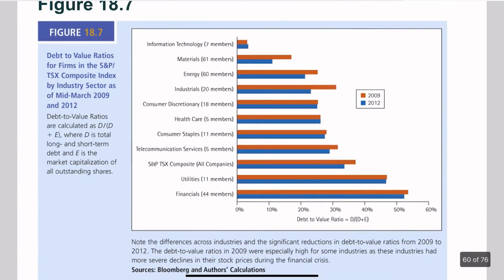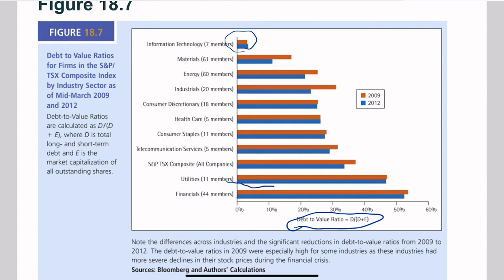Now let's look at the differences across different industries. So basically the horizontal axis gives you the debt to value ratio. That is debt divided by firm's enterprise value. What you can see here is there are large differences across different industries. For example, for the high-tech information technology industry, the debt to enterprise value is below 5%.